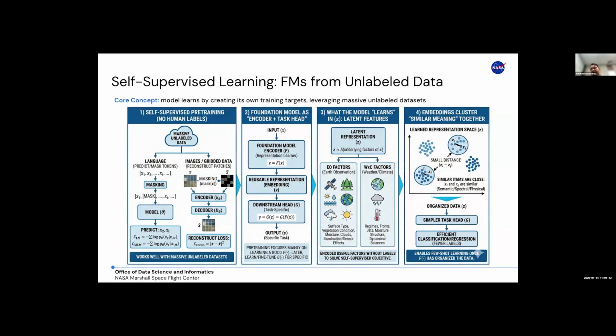Once you have that representation, when you do adaptation, you're learning another function for your particular adaptation. If you pre-train the model correctly, what you're hoping is it can learn the latent representative features in the data in a way that things that are similar will cluster together, whereas things that are dissimilar will be different. That allows that information to be used for different downstream applications.